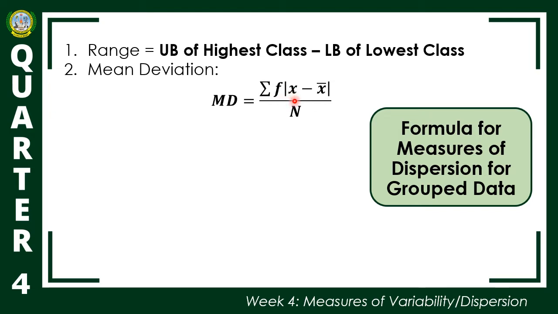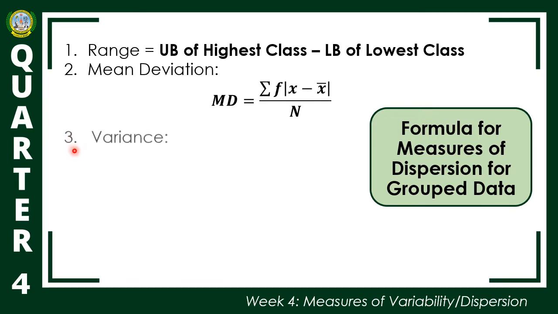Since hindi po natin ginagamit yung individual value sa pag-compute, dahil nakagrupo nga sila, we are going to make use of the class mark. Okay, so class mark minus mean, and then after that, we will multiply the absolute value of the deviation to the corresponding frequency. Tsaka pa natin kukunin yung sum. Okay, so later on, I will be showing an example also.